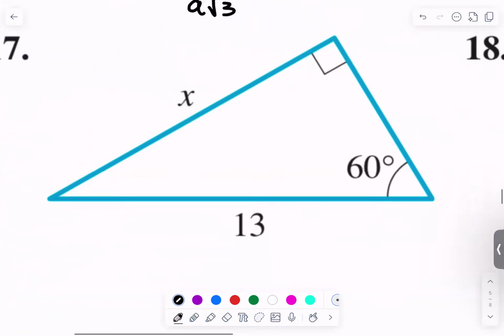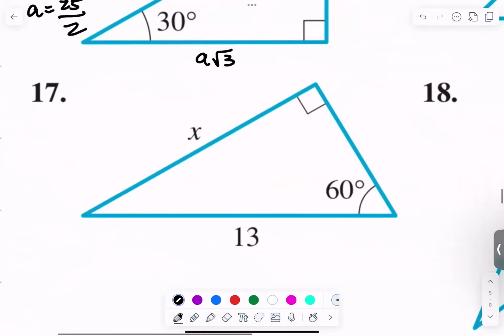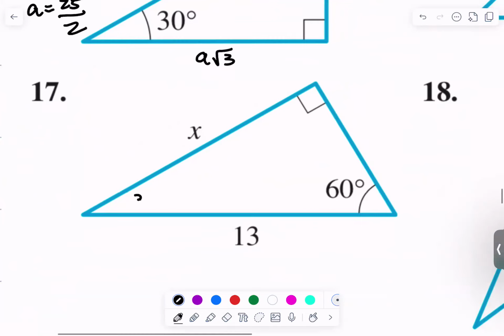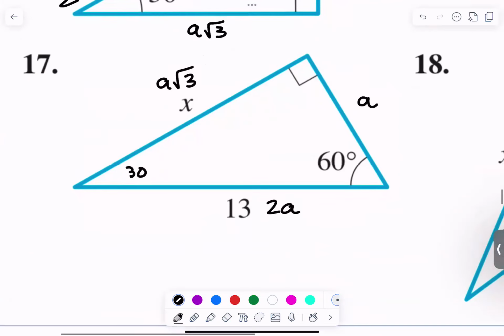Number 17, we have this. I know that this is a 30-60-90. Opposite to 30 is A, opposite to 60 is A square root of 3, opposite to 90 is 2A. So I know 2A equals 13, so my A value is going to be 13 over 2. Correct?